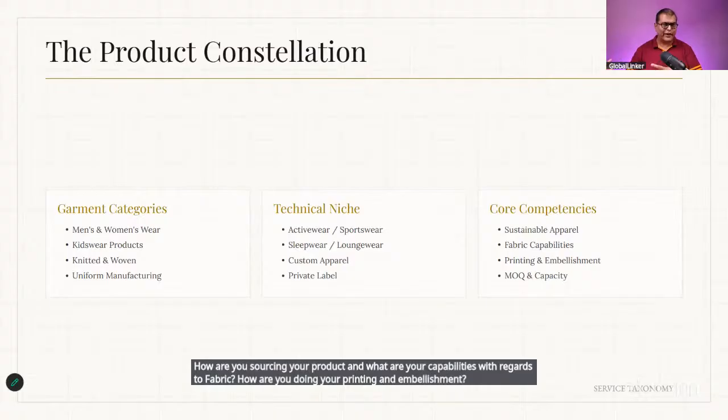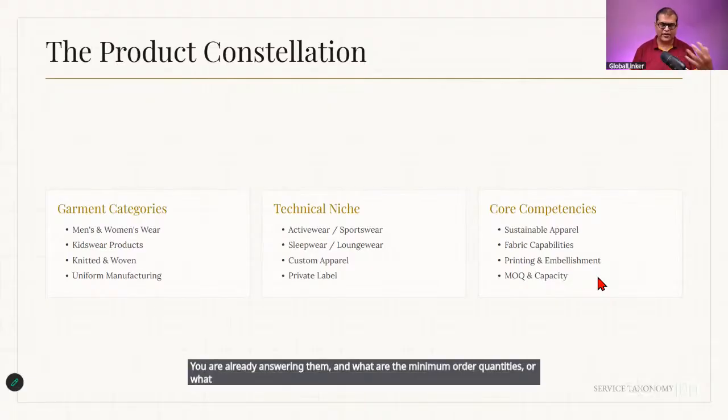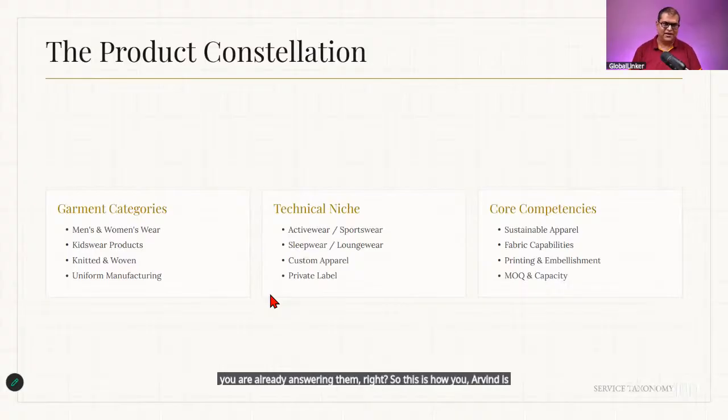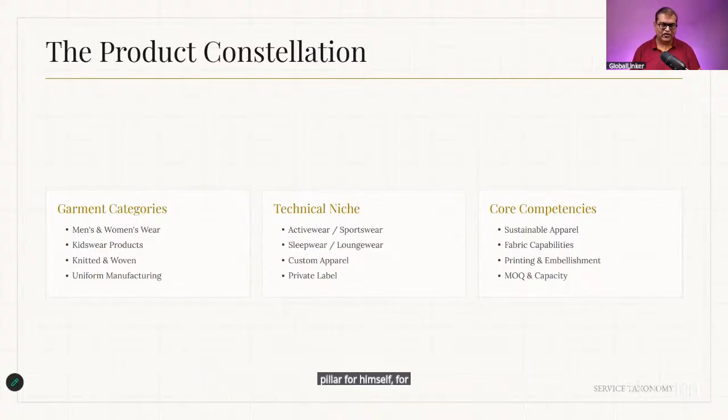So all those questions you are already answering, and what are the minimum order quantities, or the minimum production run, etc. Right? So this is how Arvind is able to create a capability pillar for himself for becoming AI understandable.